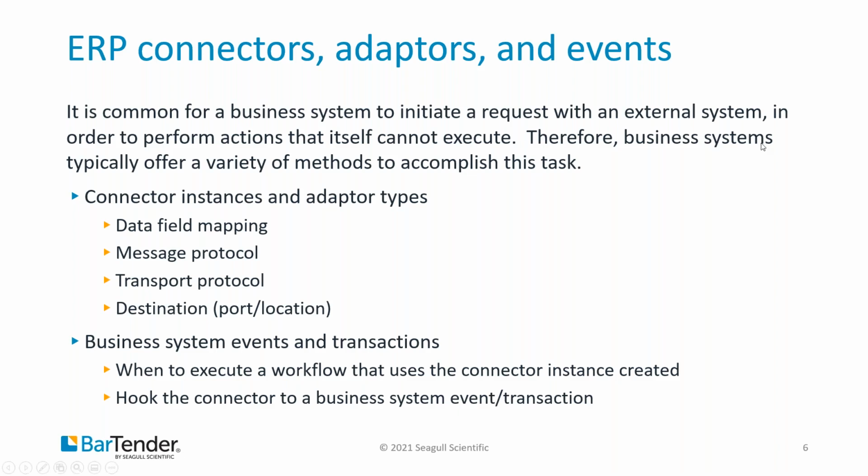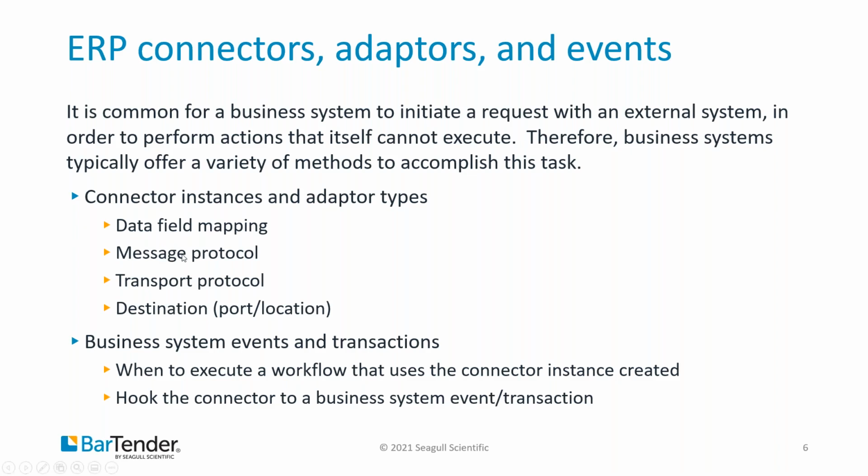But it's not just the transport protocol, i.e. a file, a web service request, or whatever. It's also the mapping of field data: what data do you want to come out of your business system and be put into the event message?